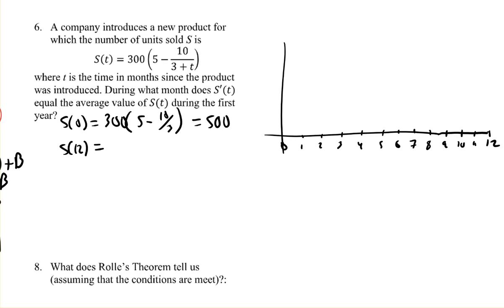I just assumed that it didn't. Okay, so before we get going, at time 0 before we start, it's got 500. Okay, by the 12th month, because it said the first year, that would be when t is 12.